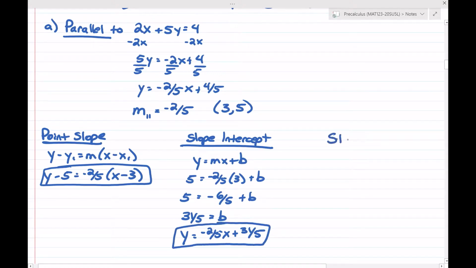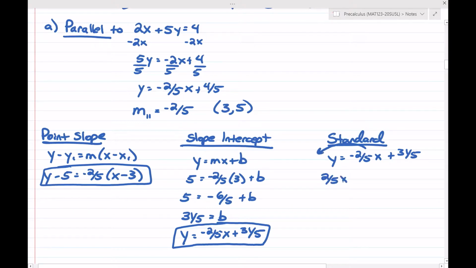To come up with our equation in standard form, what we could do is take our slope-intercept equation and rearrange the variables and make sure we get rid of any fractions or decimals. So we get negative 2/5 x plus 31/5. Let's get the x on the other side, so the x and y are on the same side.